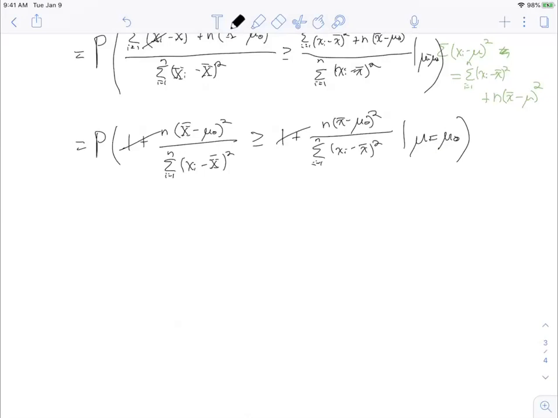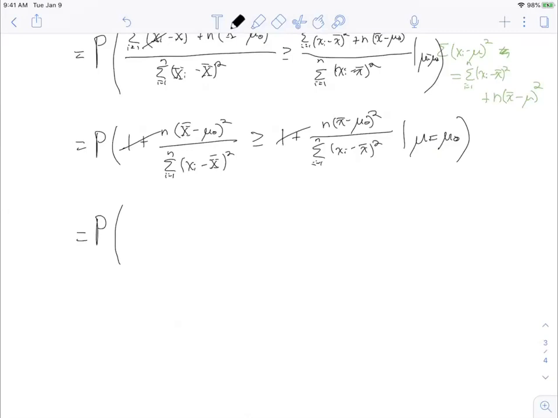And I just want to manipulate these n's, once again, trying to get this to look like a t-statistic. A t-statistic should have an n minus 1 in the denominator. We're aiming towards a sample variance, which is almost what we have in the denominator.